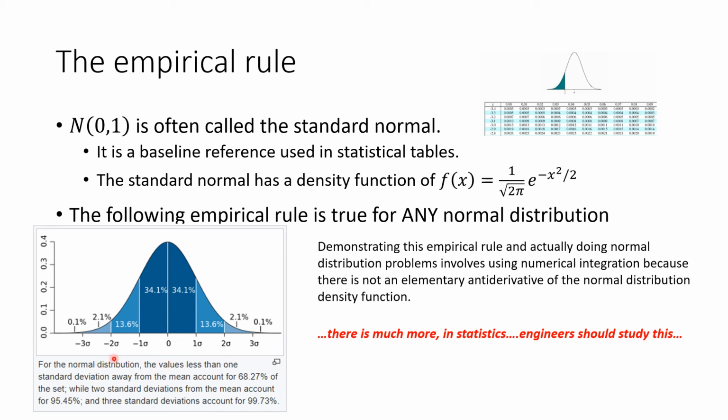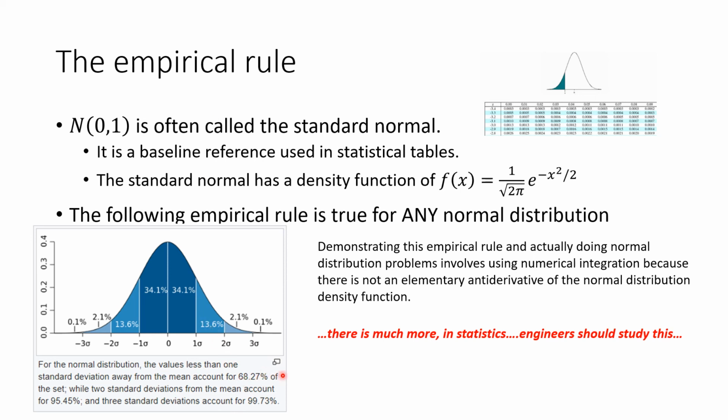And 95% falls between two standard deviations of the mean, and 99.7% approximately falls between three standard deviations of the mean, three standard deviations this way or this way. That really is what the bell-shaped curve is, and this is a statement of that empirical rule.